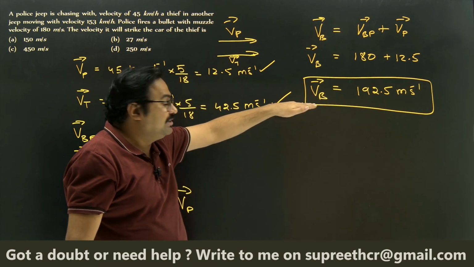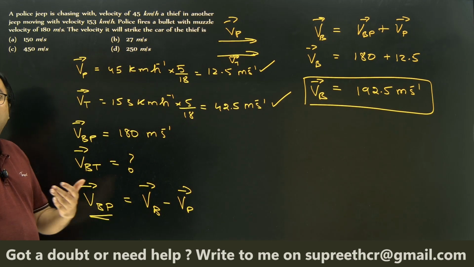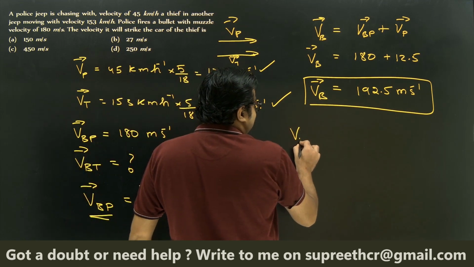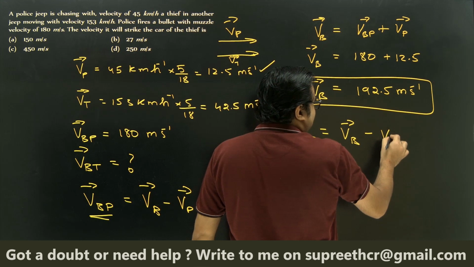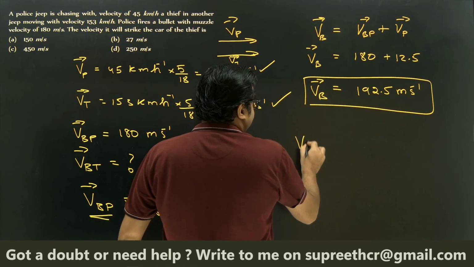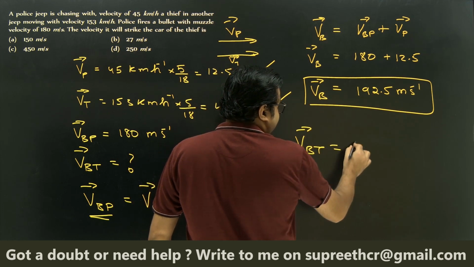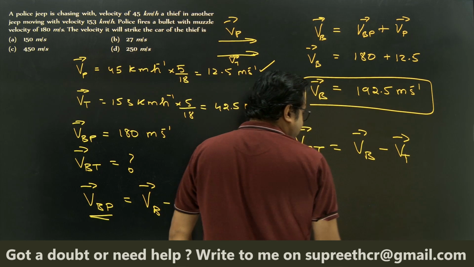That's how you get the velocity of the bullet with respect to the ground. All that you have to do now is, I'm really sorry, you have to find the velocity of the bullet with respect to thief. That would be velocity of the bullet minus velocity of the thief. Right?